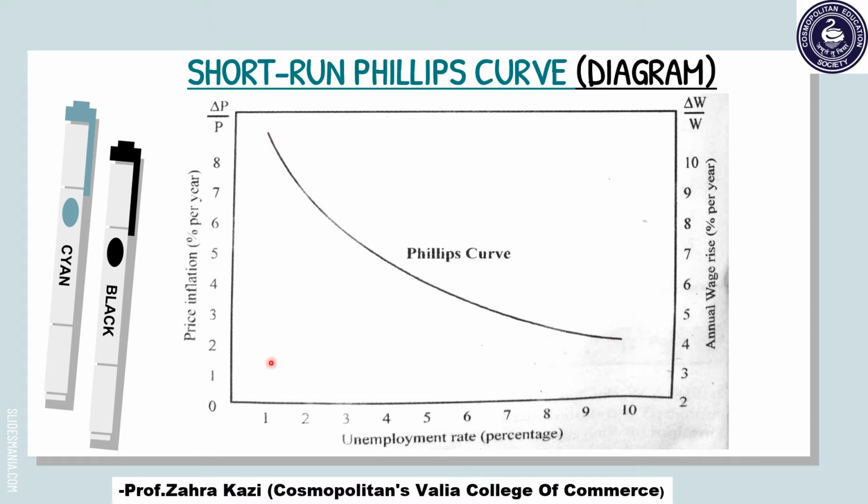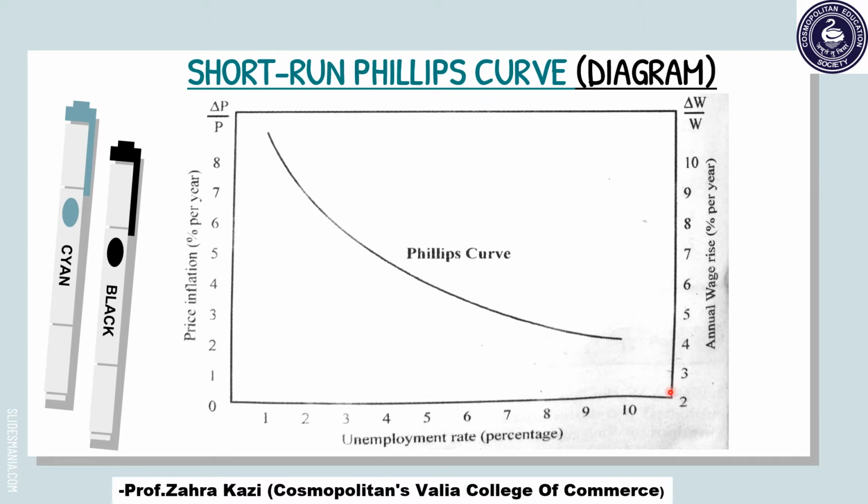Apart from this, if you observe minutely here, you will understand that the inflation rate we have plotted from 0, 1, 2, 3 and so on. But if you observe here, wage rate we have plotted from 2 percent and not 0.